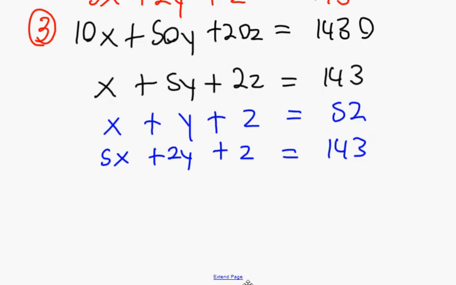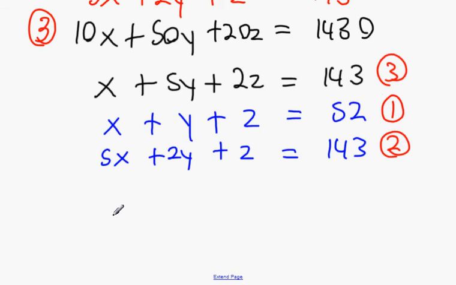Now, I have to use two different combinations, and I need to get rid of one letter at a time. I'm going to get rid of the z's right away. If I label these 1, 2 and 3, that's the order we got them in. I'm going to use equation 1 and 2.